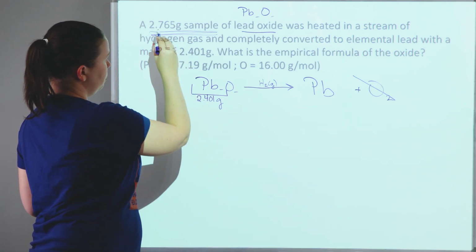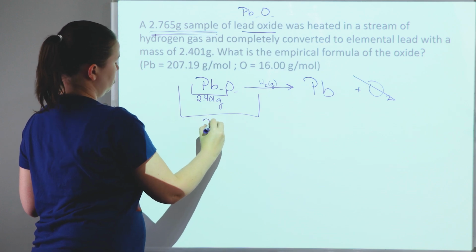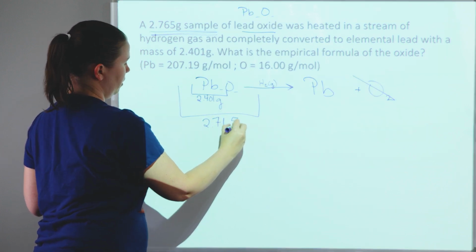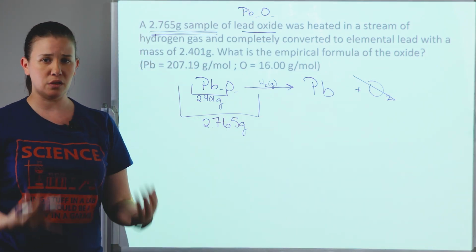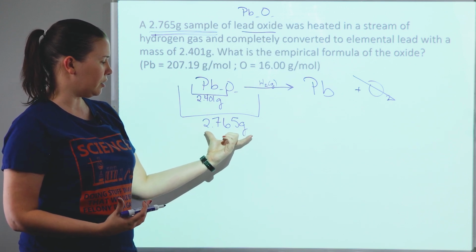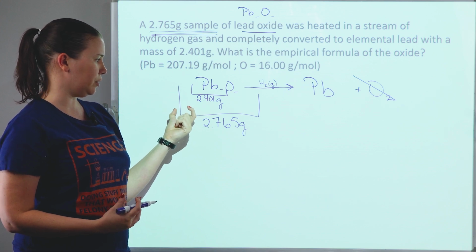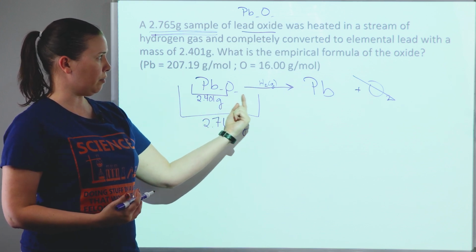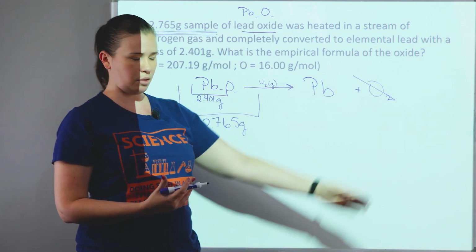And then it also had told me the sample of the entire compound was 2.765 grams. And so from that, using the idea of the law of conservation of mass, I can tell if the entire compound had 2.765 grams and the lead alone had 2.401 grams, then whatever other mass that's missing must be the oxygen that we ended up with in the product.